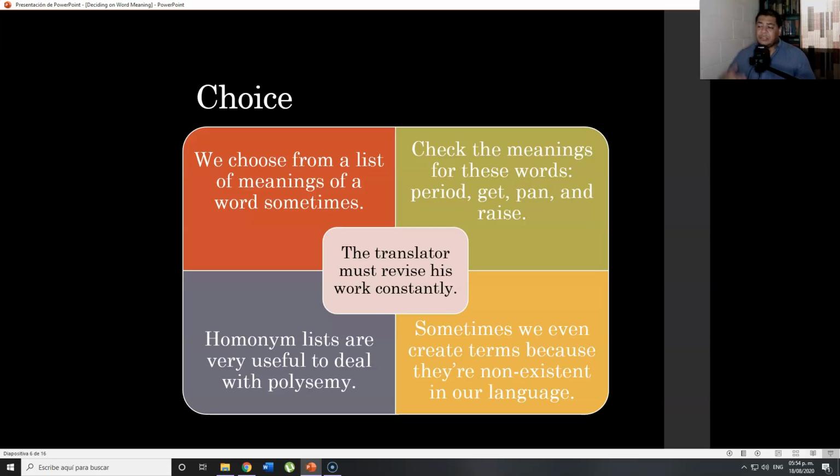It so happens that sometimes we even create new terms because they are non-existent in our language. This is not something that happens a lot, but from time to time you might need to create the word in your language, because we don't have a word that fits, and whatever transformation in the language structure that we make will not fulfill the role or the impact that using this word will have in our translation.